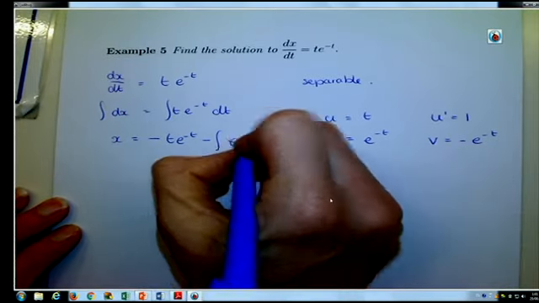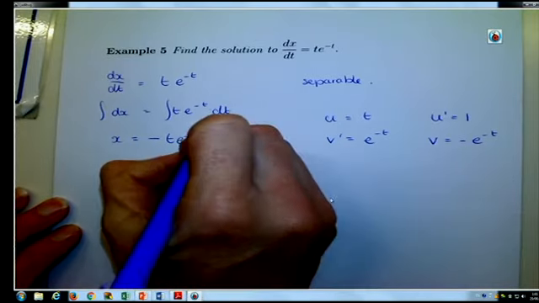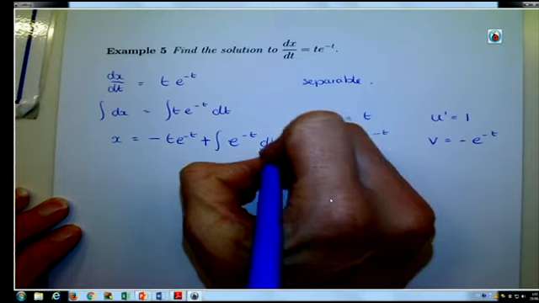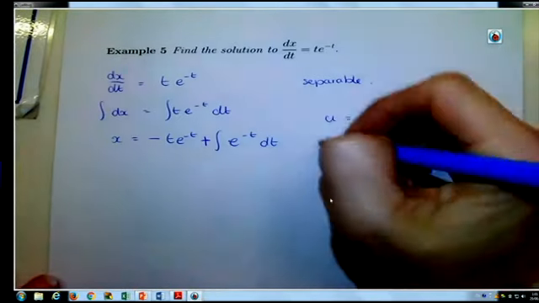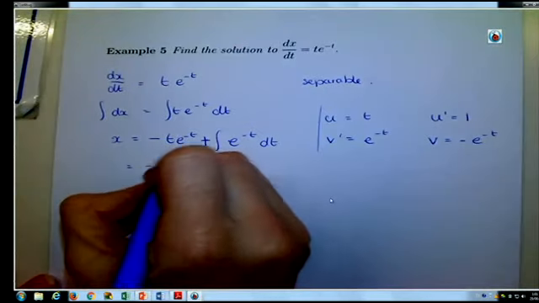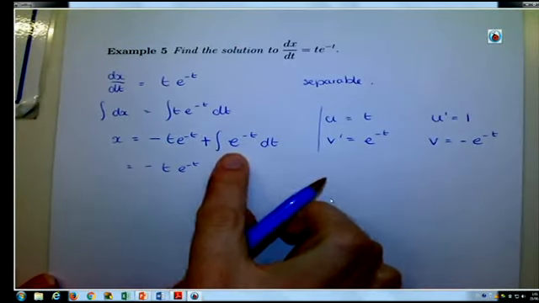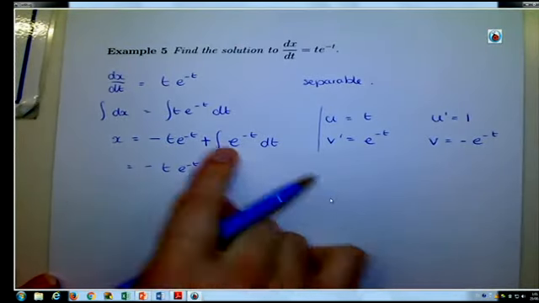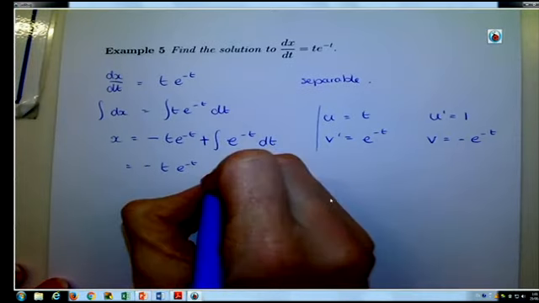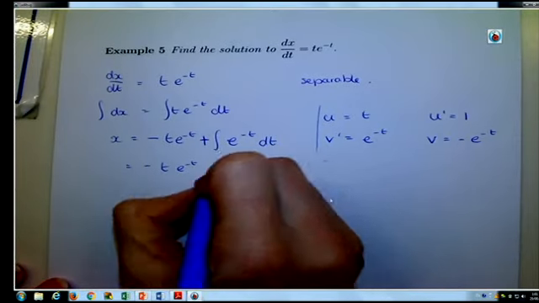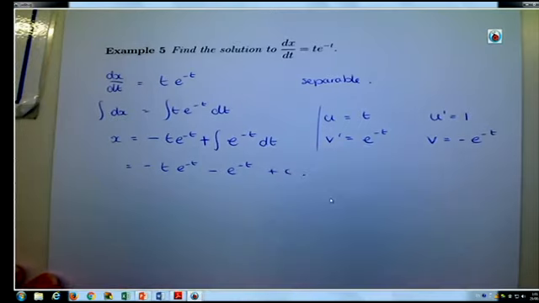It's going to be e to the minus t, and the minus sign can go through the integral sign to make a plus. And I've still got an integral to do, but it's easier than the integral I started with, okay? So that will be e to the minus t with a minus sign.